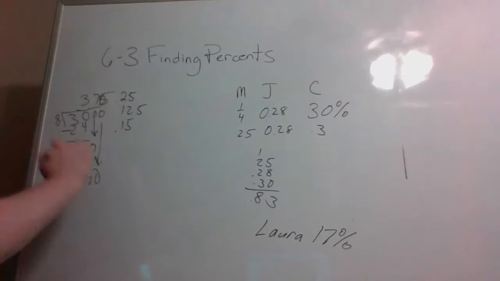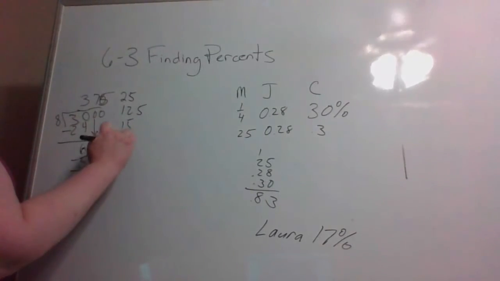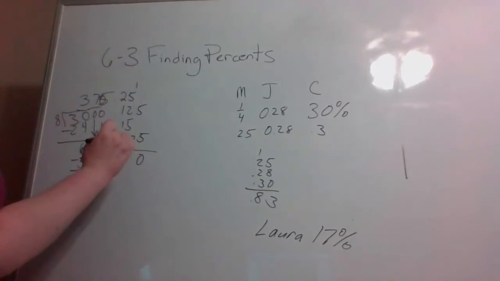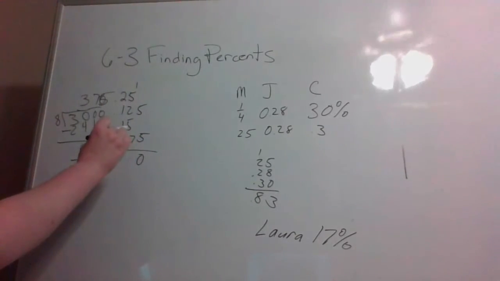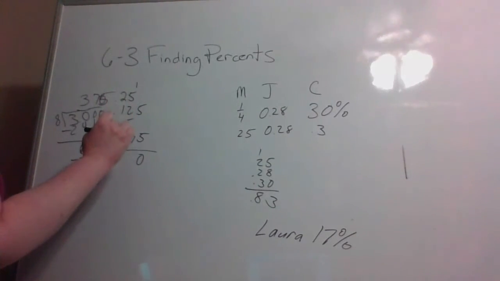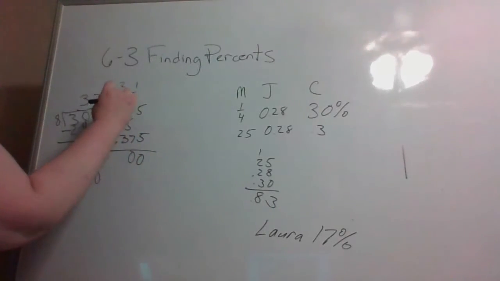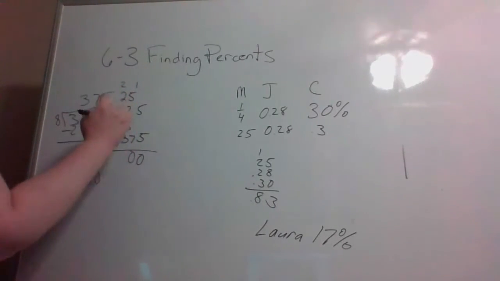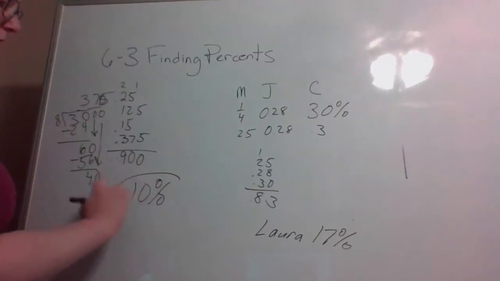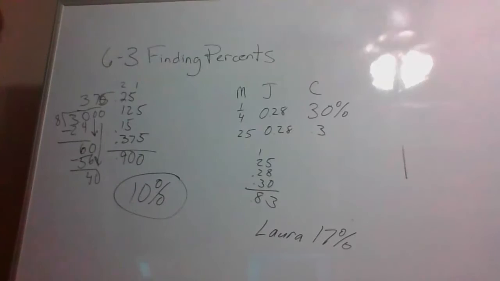If I add these up, that'll tell me what is left. So we know then that 10% of the garden is left for green beans.